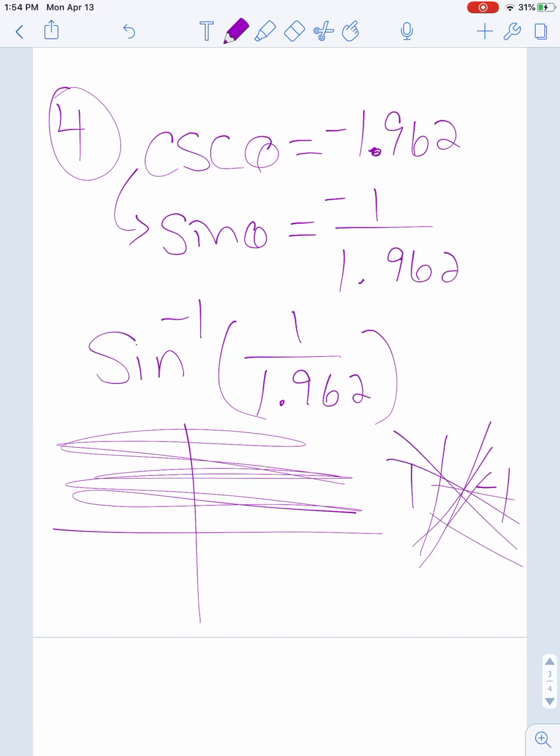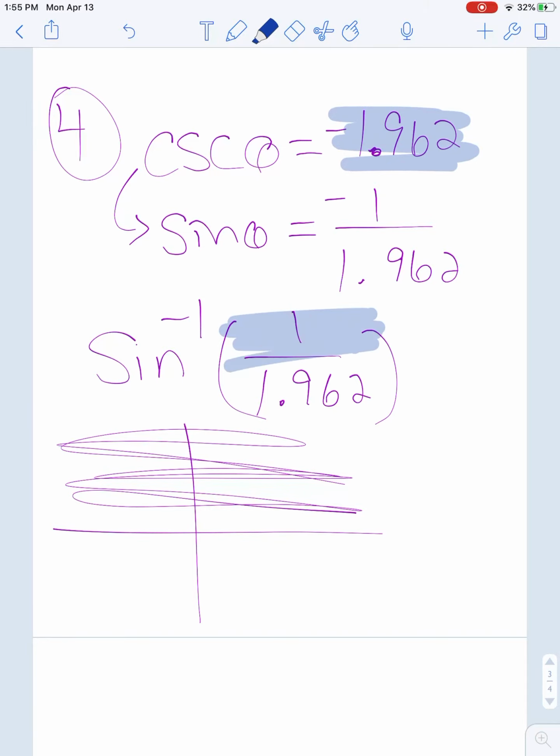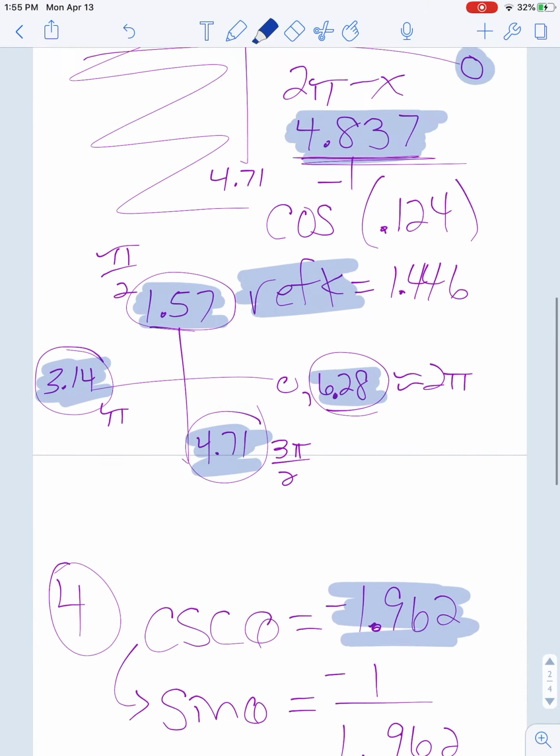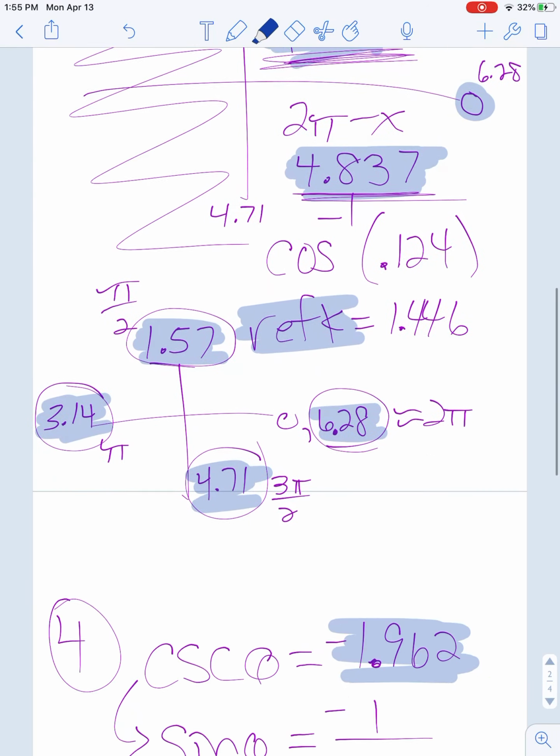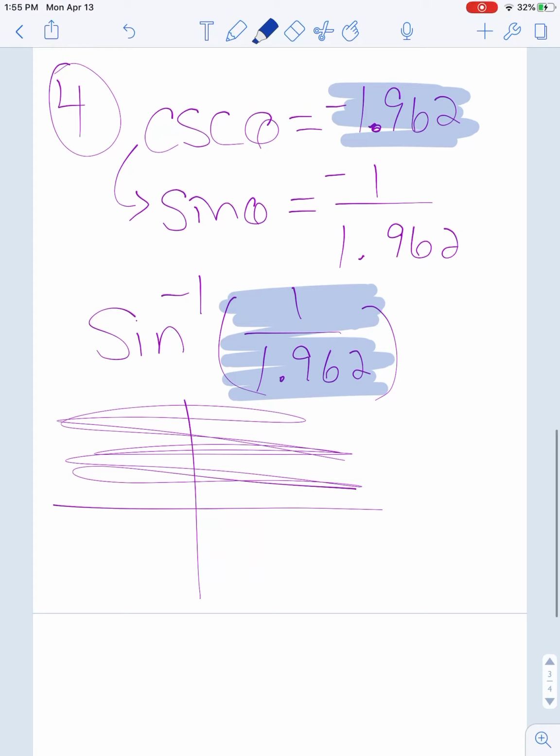You're always going to do inverse sine, inverse cosine, inverse tangent first. Then you take the reciprocal of the ratio. In number 4, we did take the reciprocal, because we don't have a cosecant button, so we use the reciprocal function.